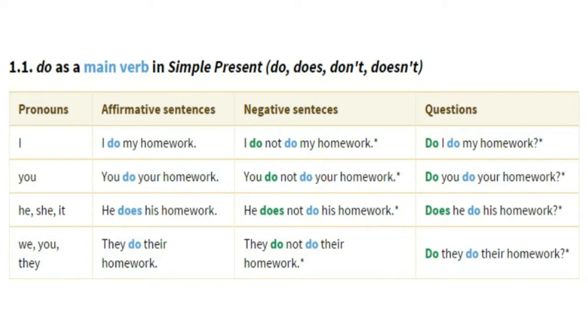Now, please check the affirmative sentence using the first person singular I. I say, I do my homework. Now, if I need to change it to negative, what do I use? I use don't. I do not do my homework, or I don't do my homework.